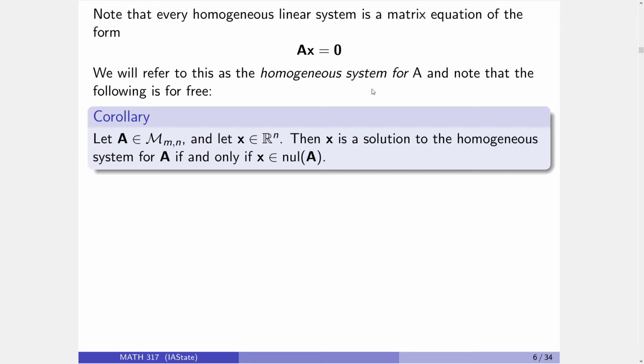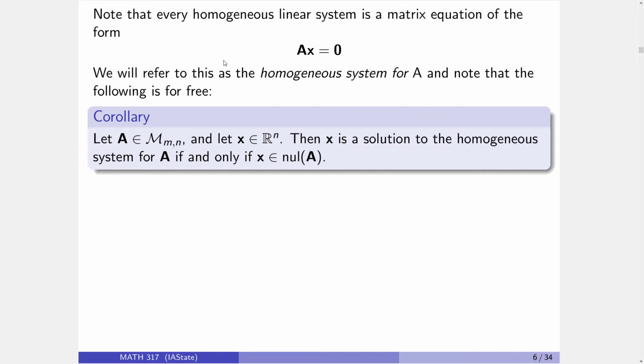So, to help us along here, we'll just refer to this as the homogeneous system for the matrix A. And note that solutions to this are precisely the elements of the null space of the matrix. I've already made reference to this multiple times, and here it is actually being formally set up and described.